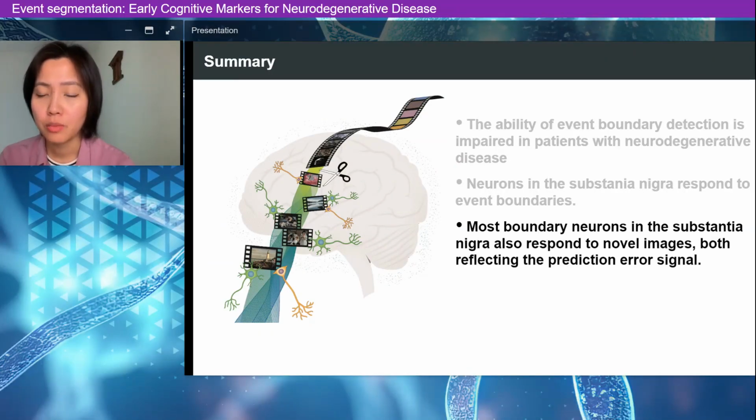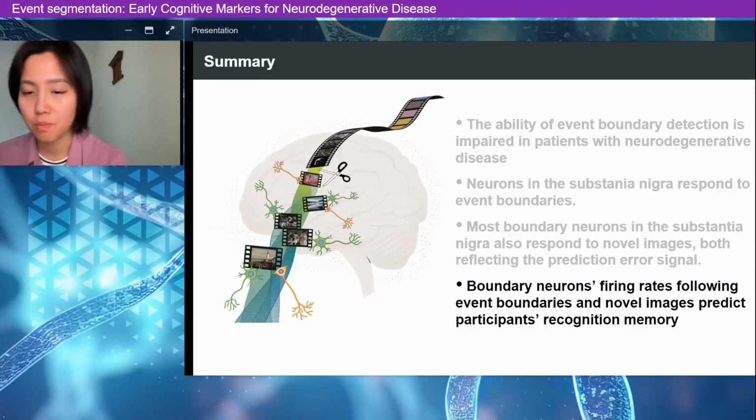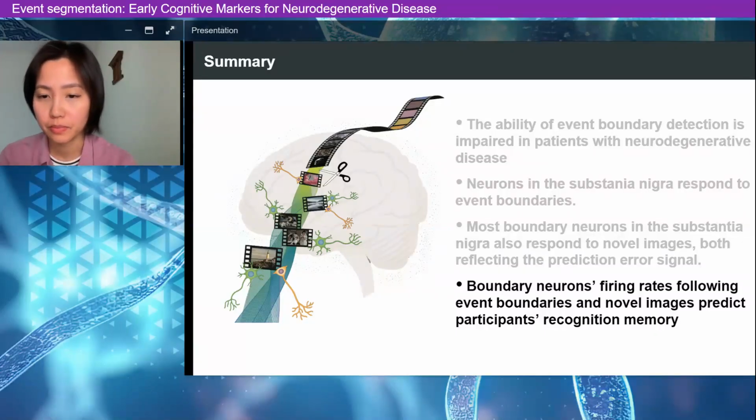And also, we observed that most of the boundary neurons in the substantia nigra were also responding to the novel images. We believe both event boundaries and novel images reflect prediction error signals, consistent with the prediction from the Lisman and Grace model. The boundary neurons' firing rates following event boundaries and novel images predict participants' recognition memory.